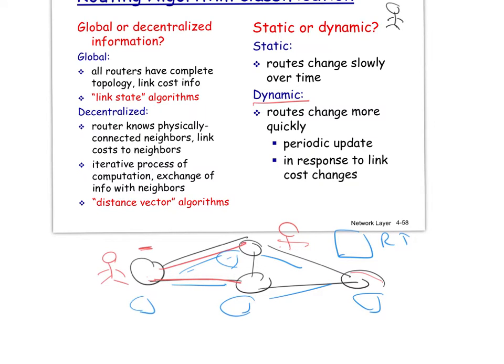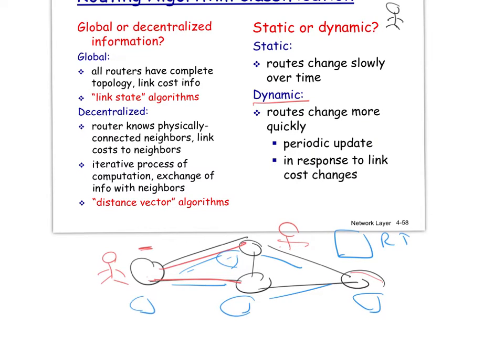So global or link state is based on the fact that each of these routers will need to know the state of all the links in the network locally here. So each router has to form a global view about all the edges or all the links in the network.